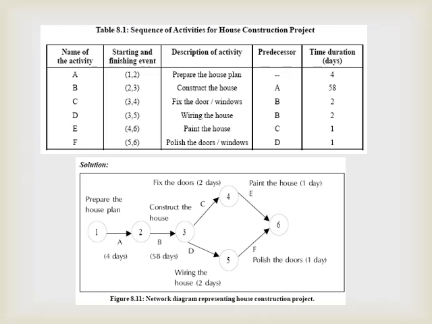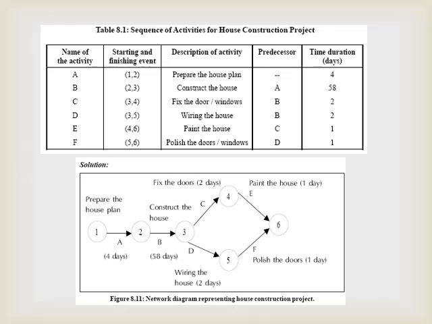Now the question is how to construct a network for this project. Now let's see. First, this project has 6 events. The starting event is number 1 and the finishing event is number 6.